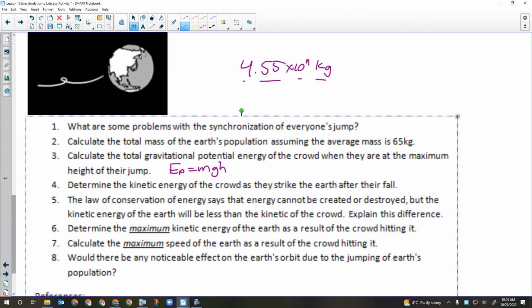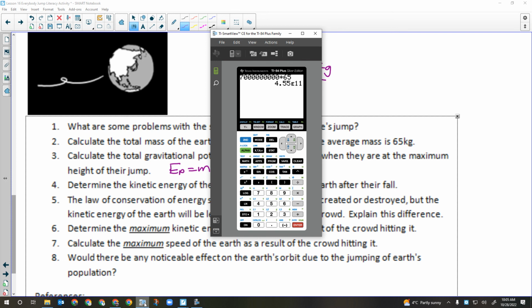So we're going to take our 4.55 times 10 to the 11th, multiply by 9.81, and then multiply by 0.5 meter. There is the amount of energy that the entire human race can put into the Earth by jumping 0.5 meter. It's a lot: 2.23 times 10 to the 12 joules.